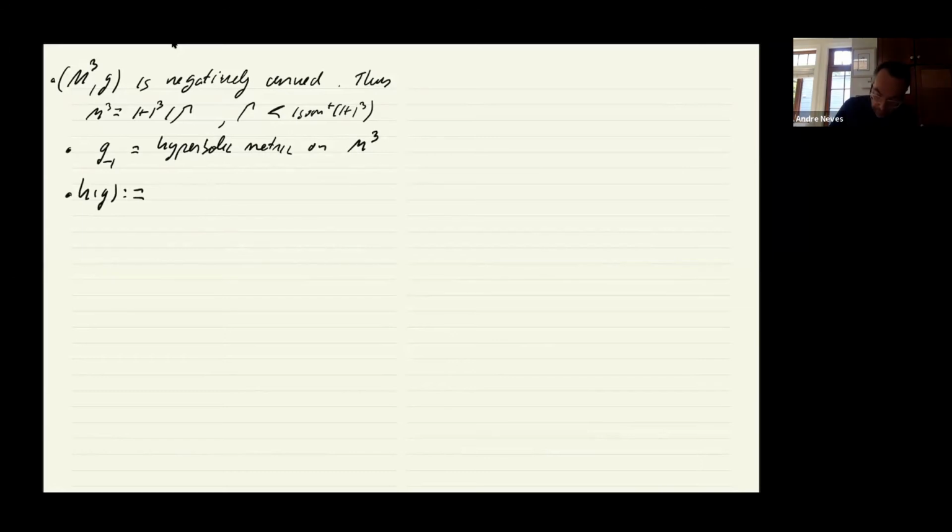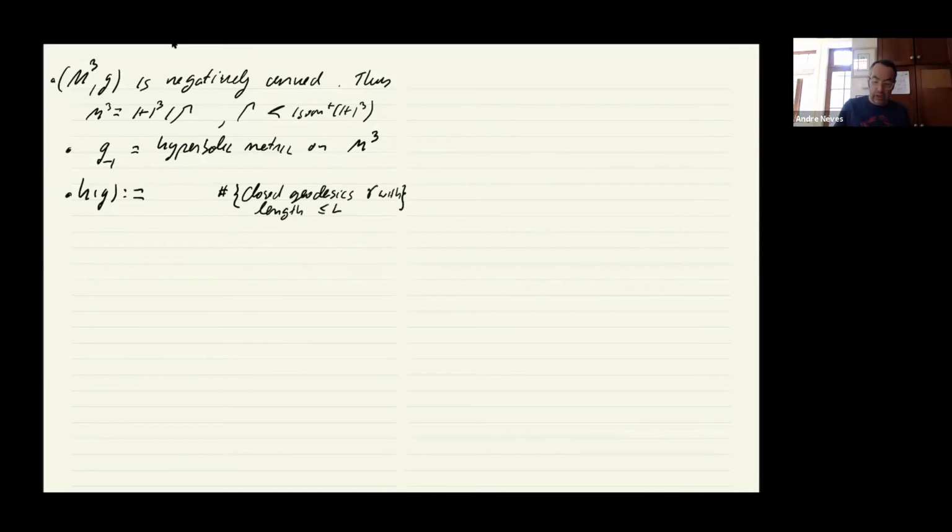We count the number of closed geodesics gamma with length less than or equal to L. We take the log and divide by the growth power, and then we make L go to infinity, and we get a number.